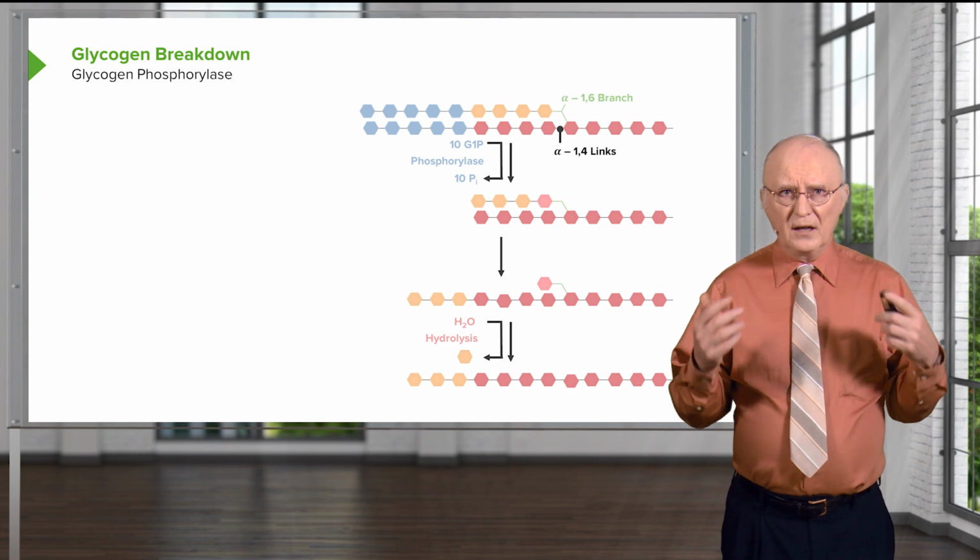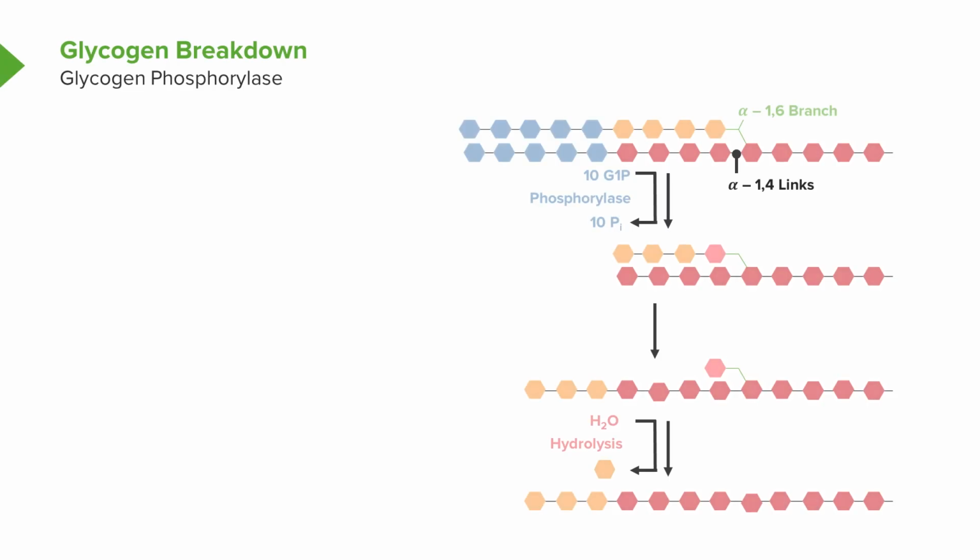And I also noted that glycogen is a very branched molecule. We can see on the screen here a branch of glycogen and learn a little bit about the way that glycogen phosphorylase works. You see on the top the branch, and you see the end of the molecule where we have 10 different blue residues that are shown on the left. Those 10 residues are all targets for glycogen phosphorylase.